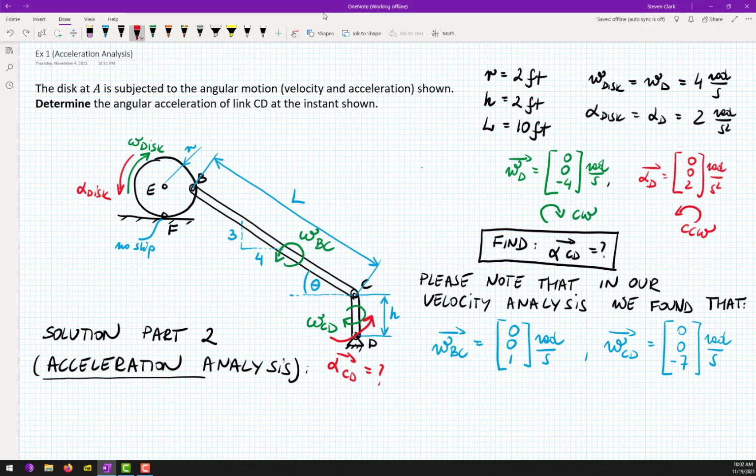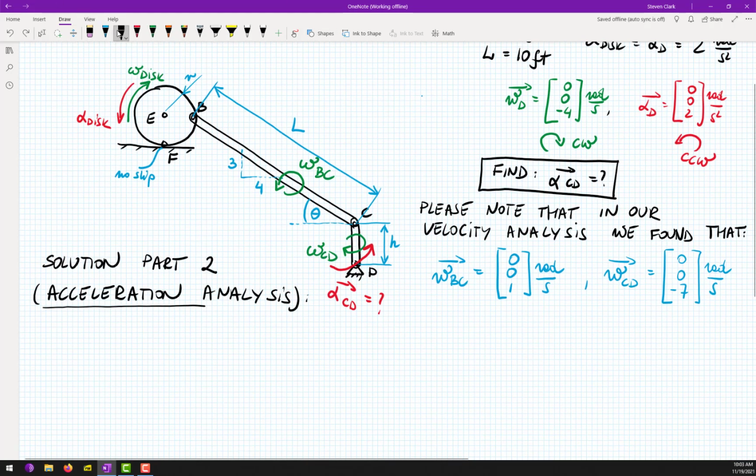So even though you are asked to find alpha of the body, you should first run velocity analysis and then acceleration analysis. Was that clear? That's why I pre-recorded the video. Since in the pre-recorded video we ran velocity analysis, today we can focus entirely on the acceleration analysis. So let's do it.